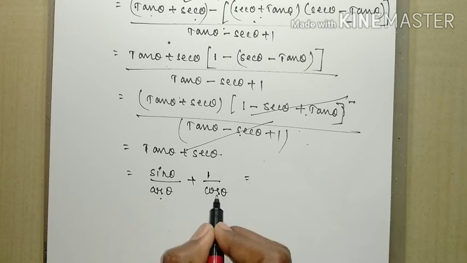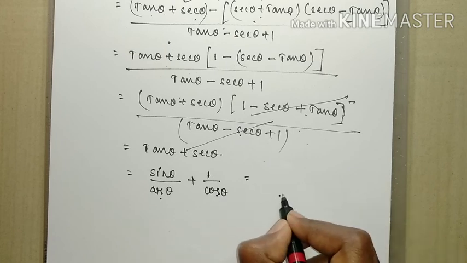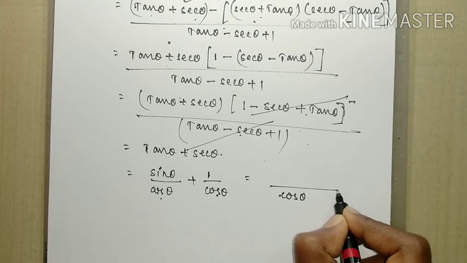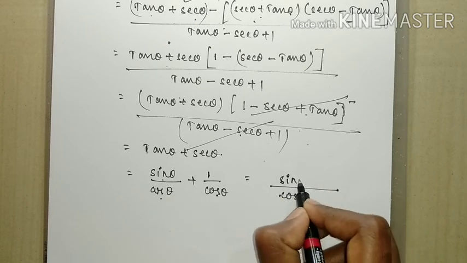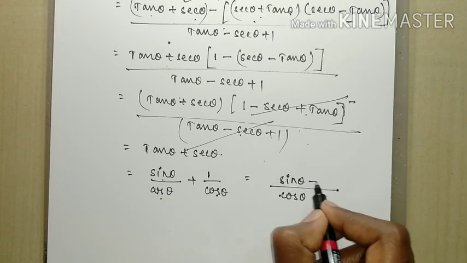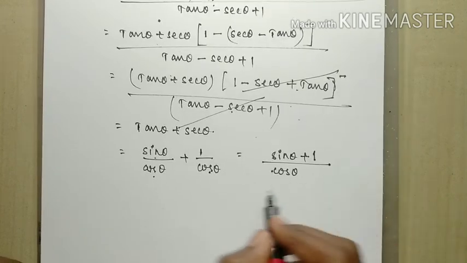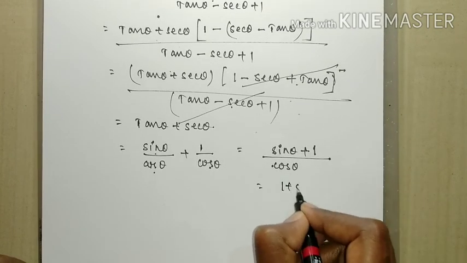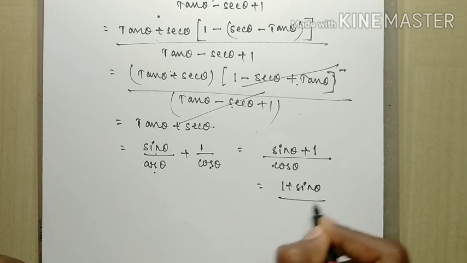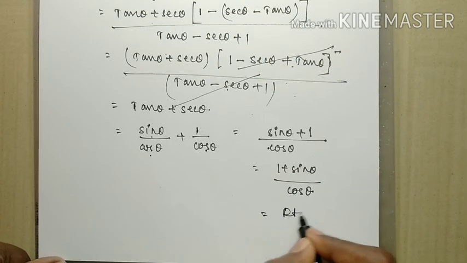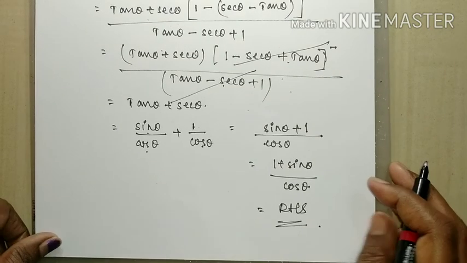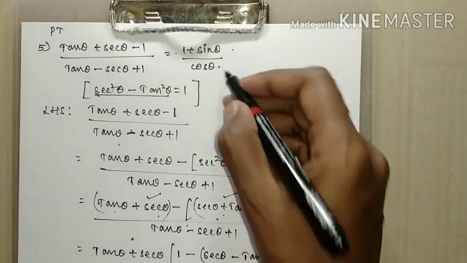Now cos theta is common, you can take the LCM. So in the numerator you can write sin theta plus 1. So this is (1 plus sin theta)/cos theta. So this is the RHS, (1 plus sin theta)/cos theta.